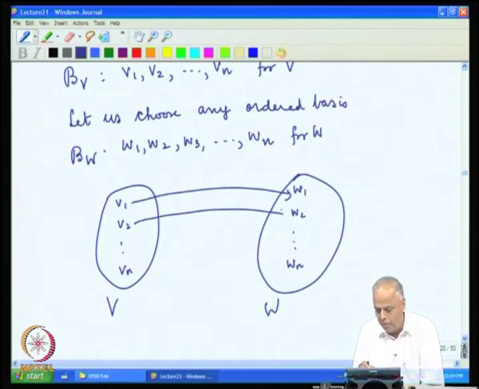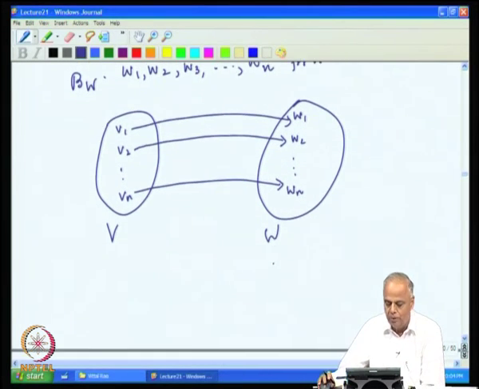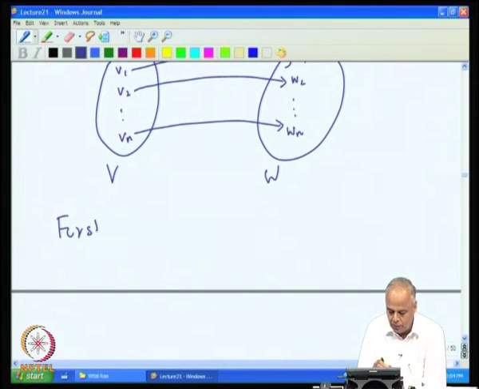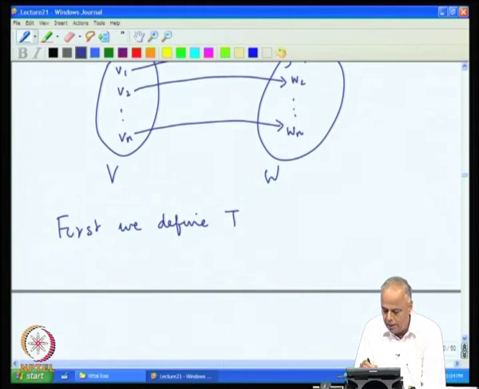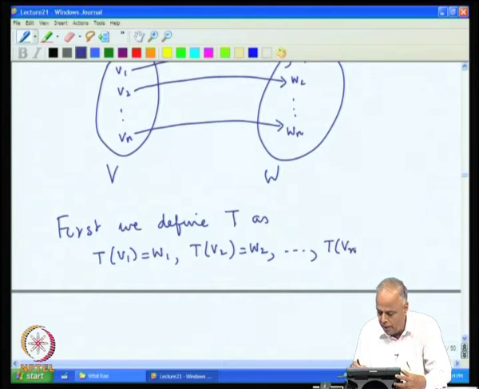So, we will first say what the linear transformation does to these basis vectors V1, V2, V3, Vn and then decide what it should do for the other vectors in V. The easiest way to do this is to take the first basis vector of V to the first basis vector of W, the second basis vector V2 of V to the second basis vector W2, and the last basis vector Vn of V to the last basis vector Wn of W. So, we define T as T V1 equal to W1, T V2 equal to W2, and so on, T Vn equal to Wn.